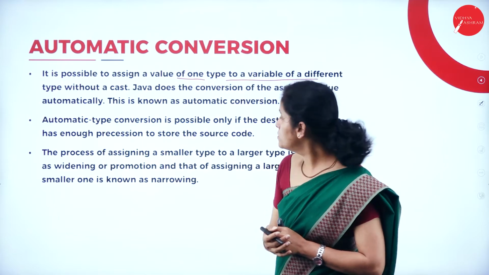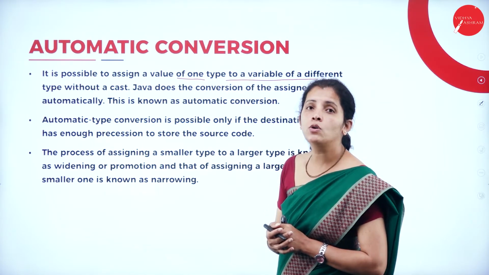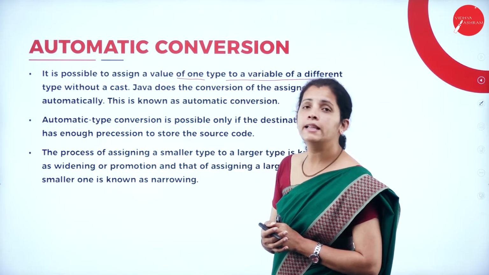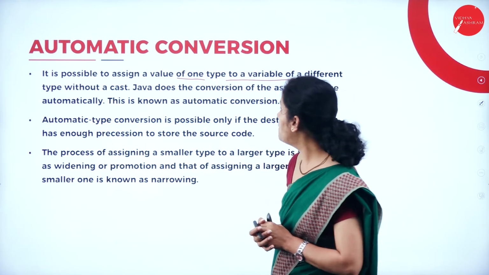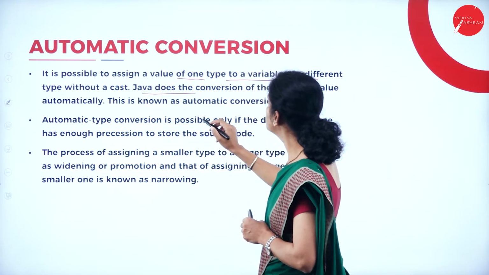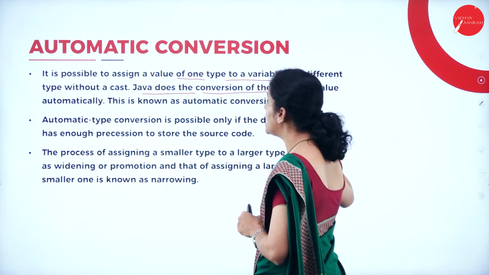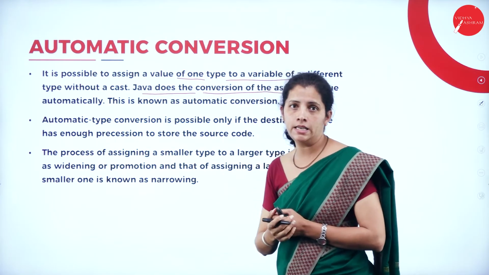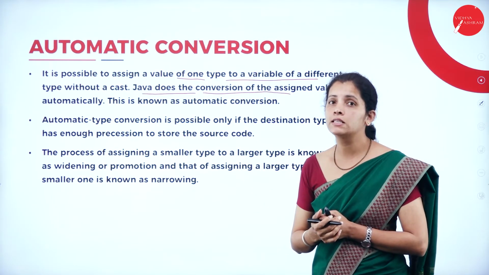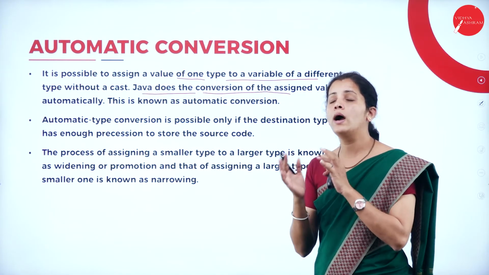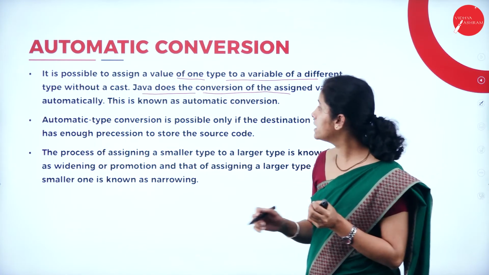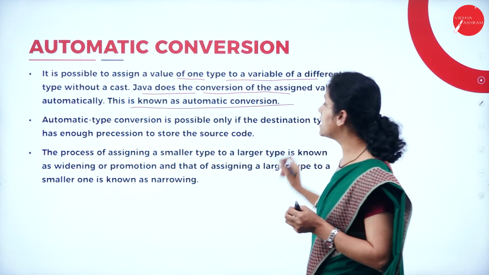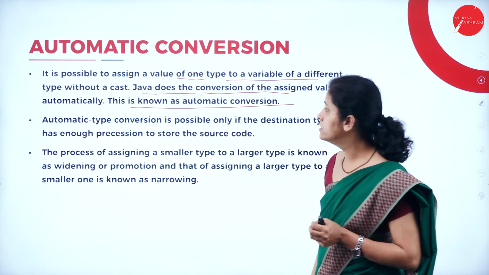So it's possible to assign the value without the user knowing, and that can be done by the compiler. Java does the conversion of assigning values automatically. So the Java compiler is responsible for converting one type to another automatically, and this is known as automatic type conversion.